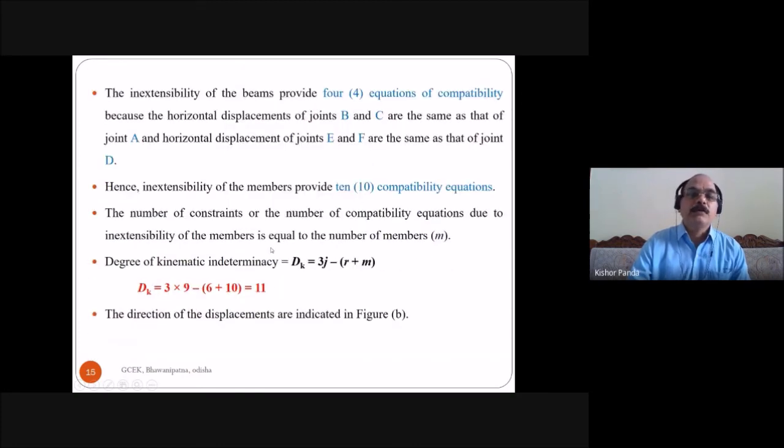Here you can also find the degree of kinematic indeterminacy using this relation: dk is equal to 3j minus r plus m. J is the number of joints, r is the number of reaction components, and m is the number of members.